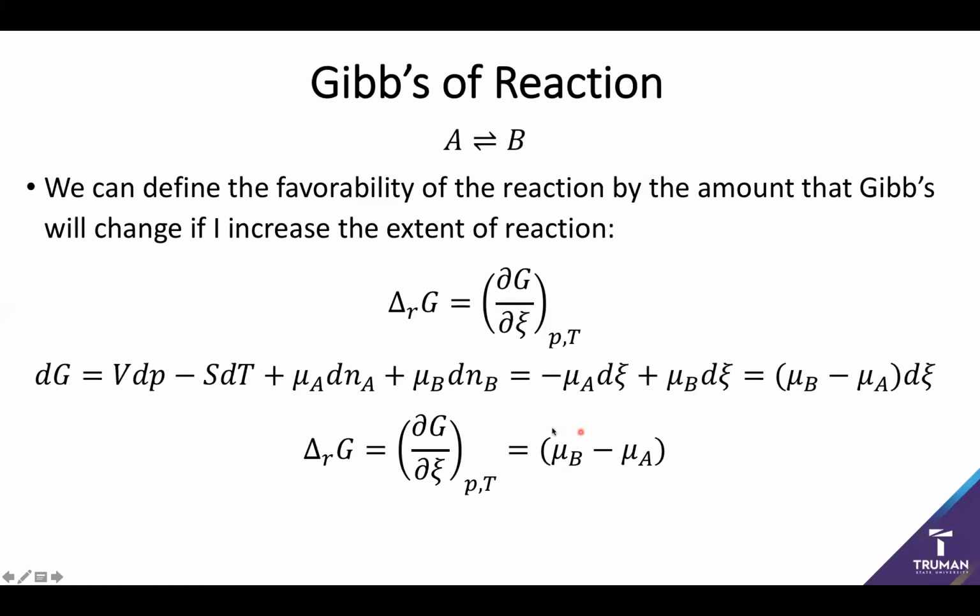If the chemical potential of B is greater, then I'm going to end up with a positive free energy of reaction, so this reaction is going to be unfavorable.